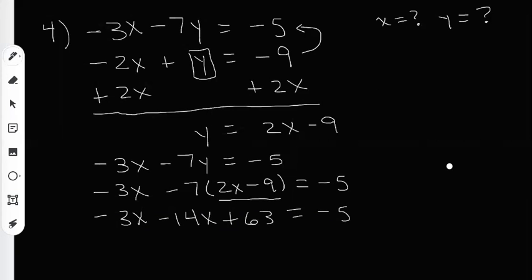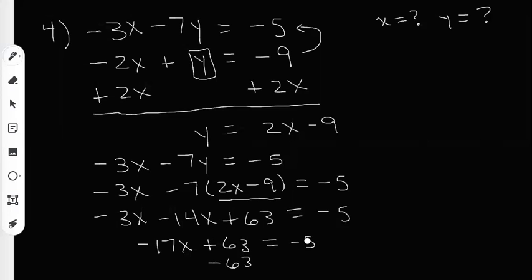So now I can simplify a little bit more, right? I can get all the x terms together. If I put the negative 3 with the negative 14, I'll get negative 17. Everything else stays the same still. I've got negative 17x. I have a positive 63 and a negative 5. Can I get rid of the positive 63?